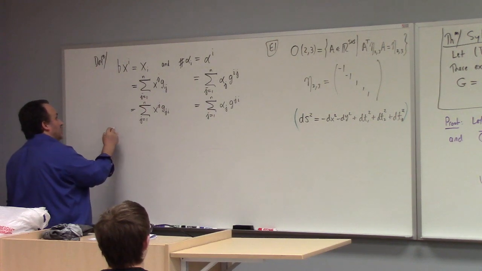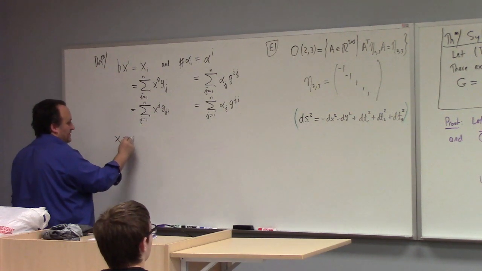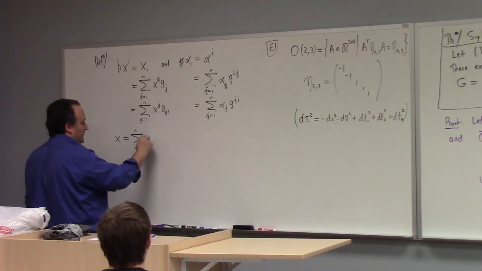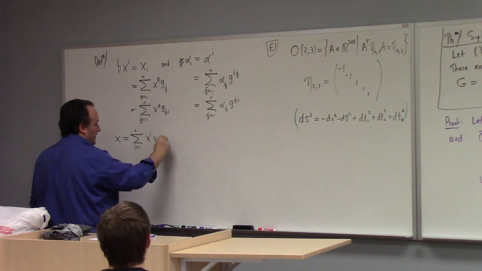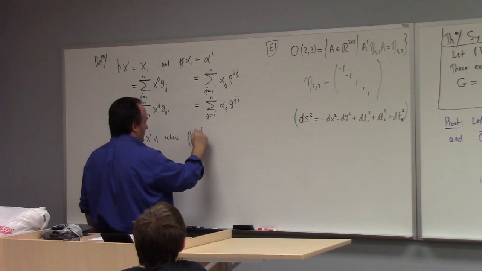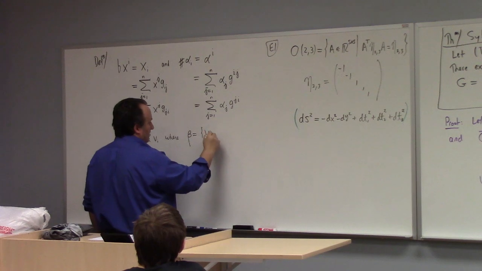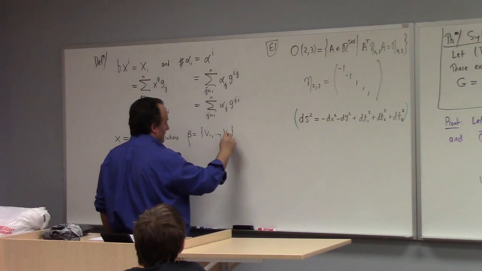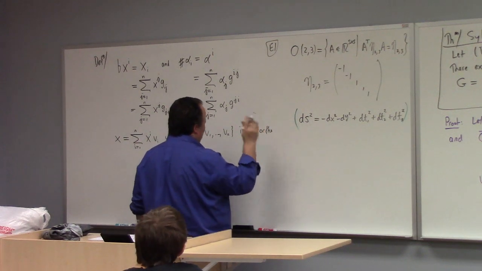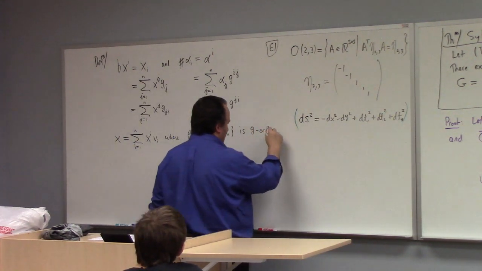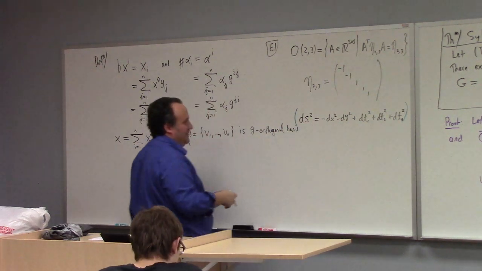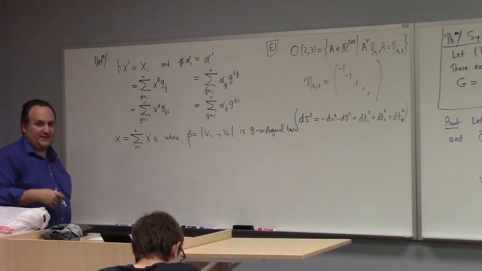Just to recap, x is equal to the sum i equals 1 to n of x upper i, v lower i, where the basis v1 through vn is g orthonormal.